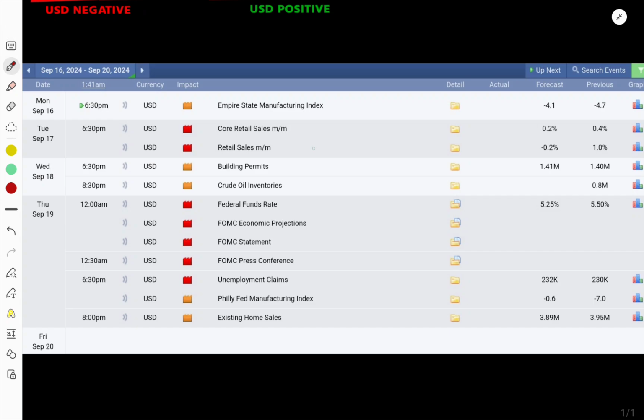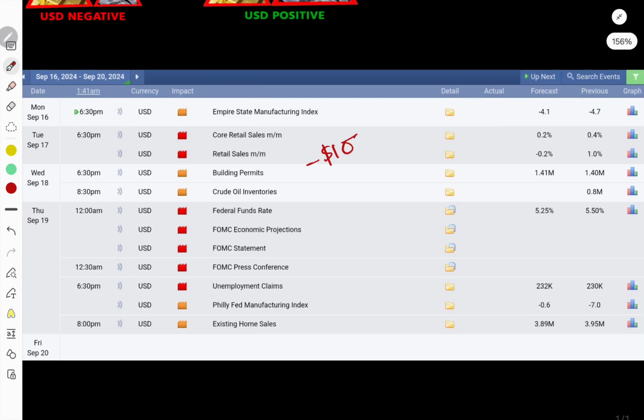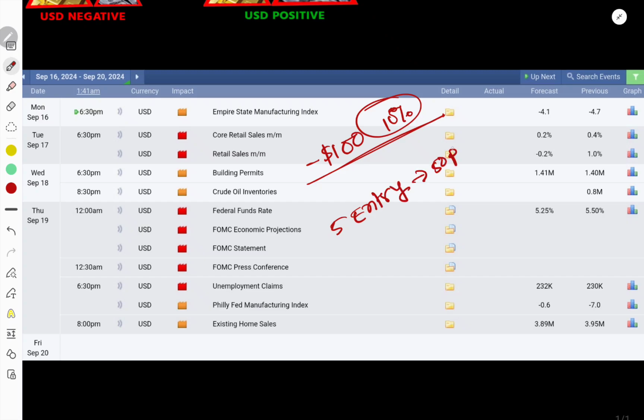Suppose you want to lose $100, that means 10% in a day. Suppose you take 5 entries with 50 pips SL and 100 pips TP.